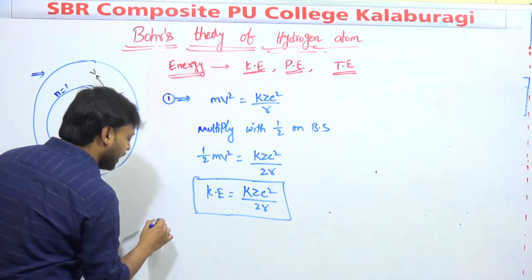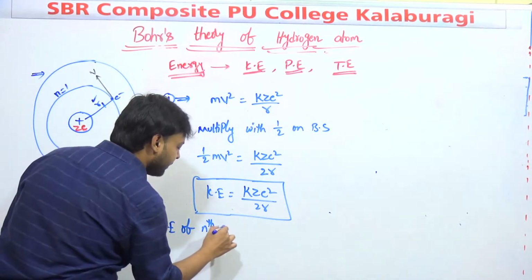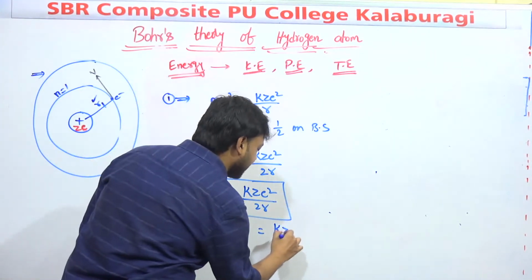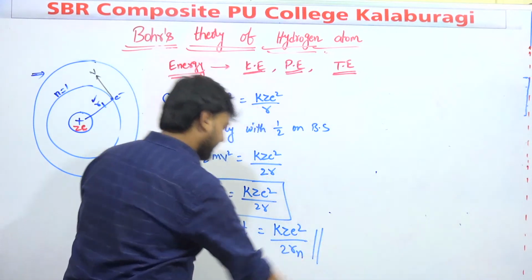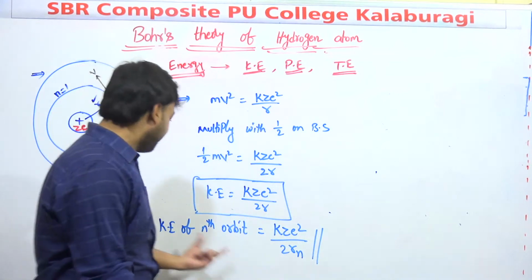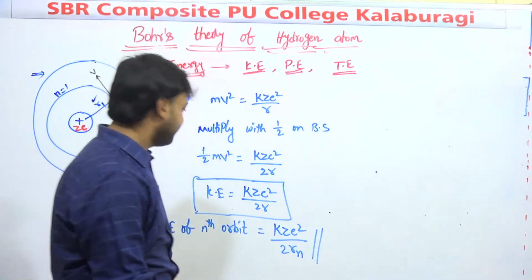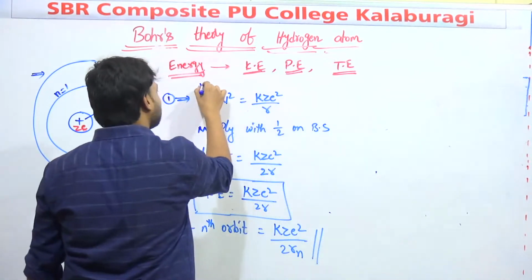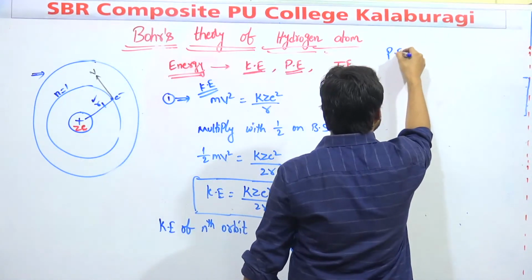So the kinetic energy of the nth orbit is kz e square divided by 2 times Rn. Right? So if it is 1, R1; 2, R2; 3, R3 and so on. So next, potential energy. This is kinetic energy. Next we will see potential energy.